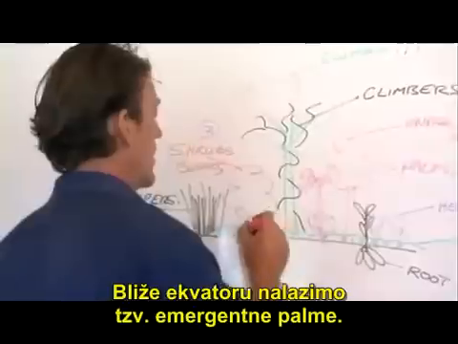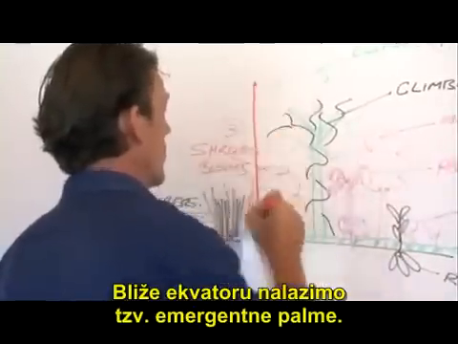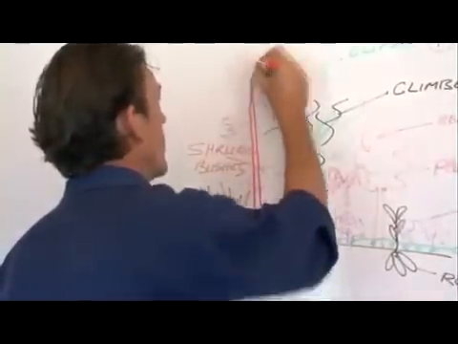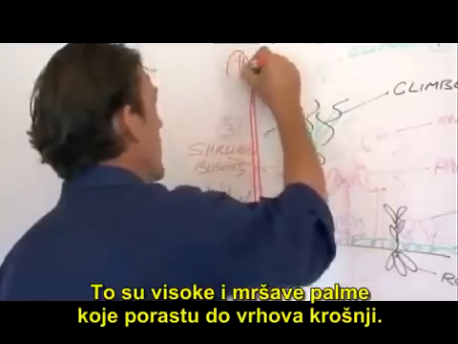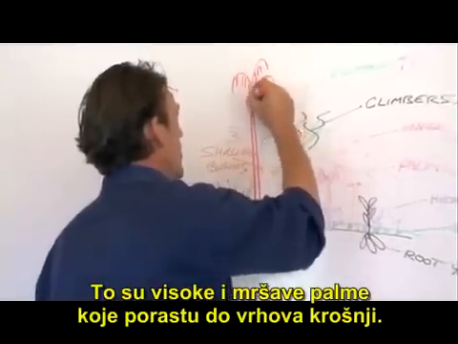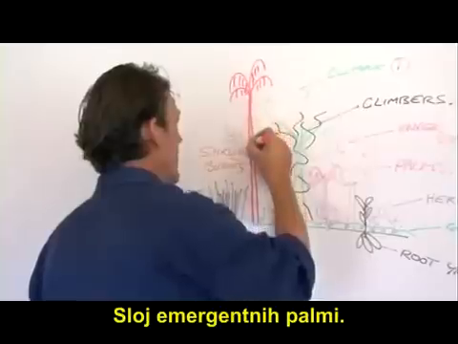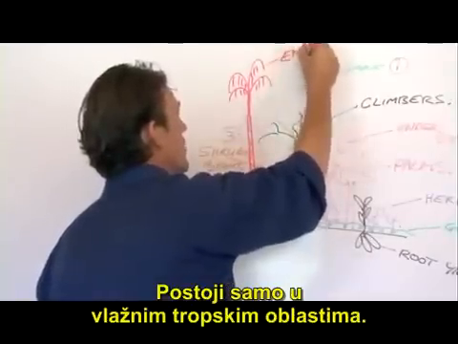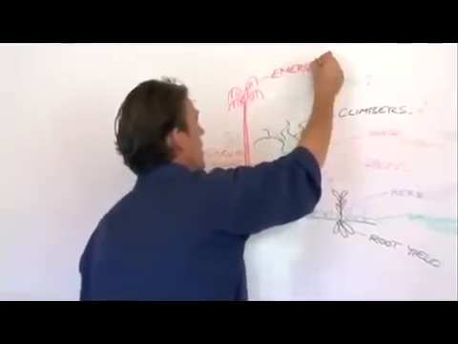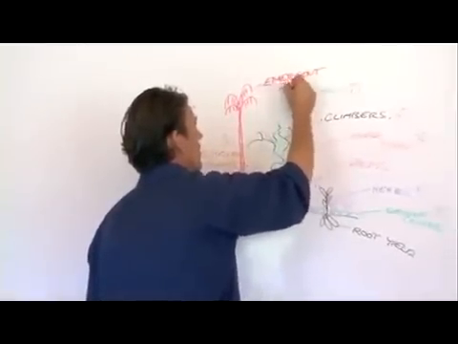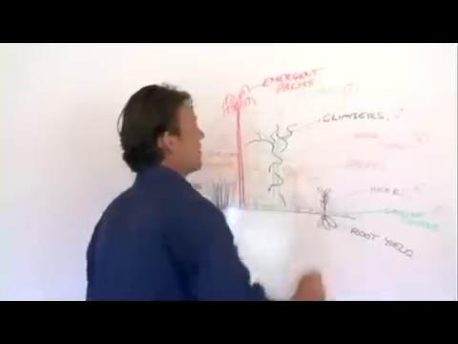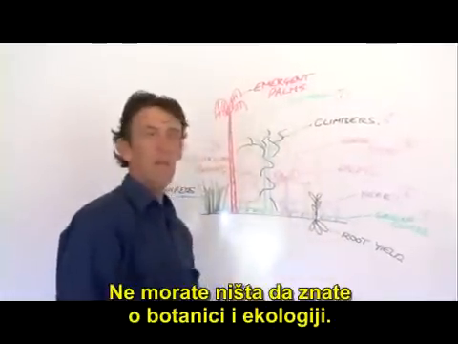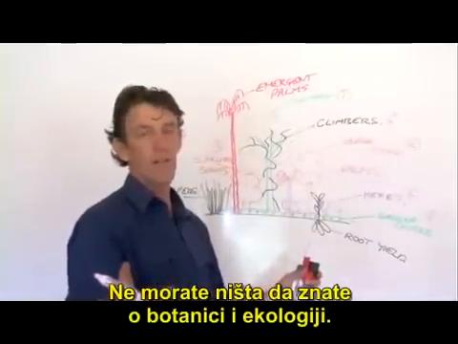When you get near the equator, you also get what are called emergent palms, long skinny palms that stick right at the top of the forest, the emergent palm layer. Now that's specific to the wet tropics, the emergent palms.